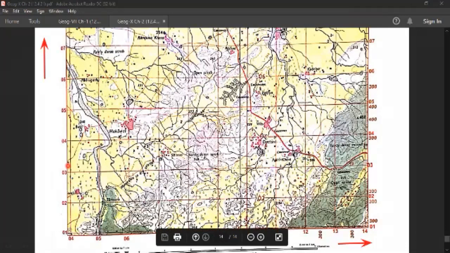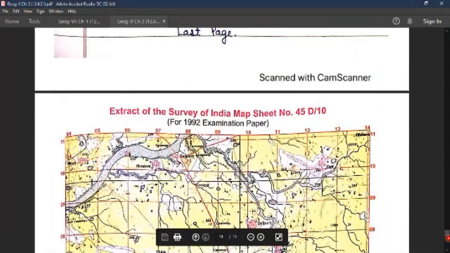So these horizontal lines are northings, and these vertical lines which are increasing in value towards the east are the easting values. These eastings and northings cut across each other to form squares or grid. As you can see, here there are various squares being formed by these eastings and northings.